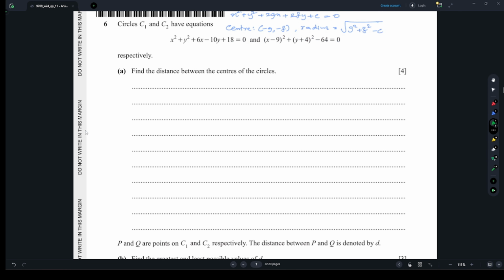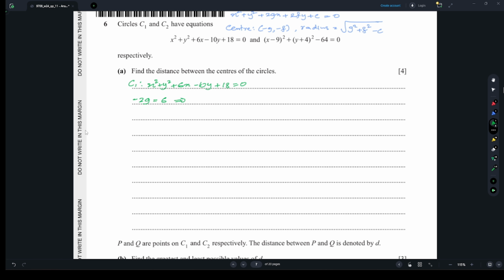So let's take equation 1, that is circle 1: x squared plus y squared plus 6x minus 10y plus 18 equals 0. I will tell you the easiest way to find the center here. Just write 2g and the coefficient of x, which is 6.